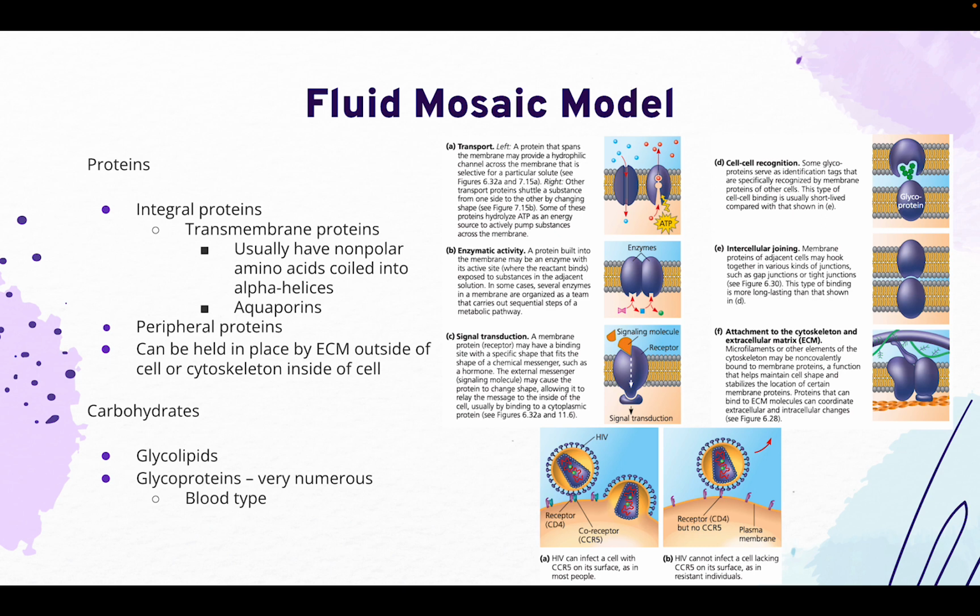Basically, when it comes to proteins, they're pretty important in your plasma membrane. You've got a big variety of them. So two big categories we can use are integral and peripheral proteins. Integral proteins are going to be stuck in the membrane, while peripheral ones are going to be hanging off the side. Transmembrane proteins are a type of integral protein that goes through the membrane.